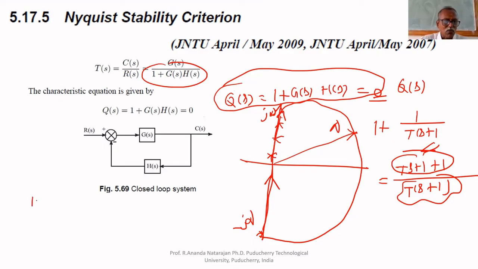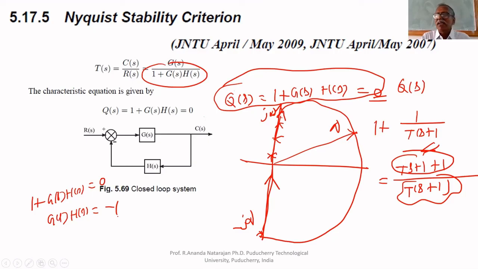What we have taken is 1 plus G of S, H of S equal to 0. Instead of taking it like that, add -1 on both sides. What will you get? G of S, H of S equal to -1. Am I correct or not? If you see 1 plus G of S, H of S equal to 0, it means whether you are encircling 0 or not. 0 is replaced by -1.